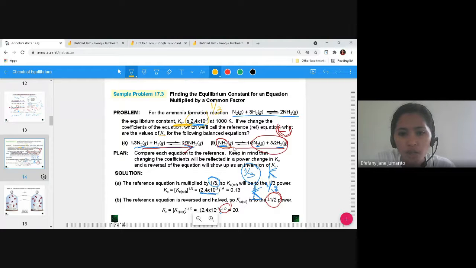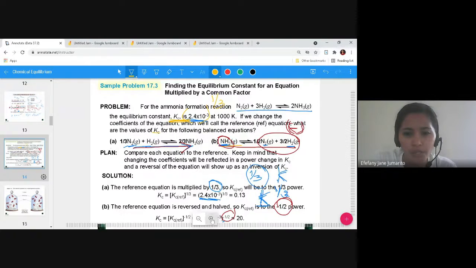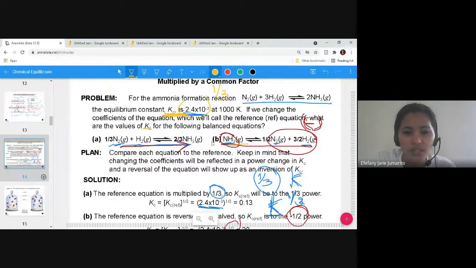Then we have here also this one with NH3, and we compare equation A and equation B. Equation B is just a reverse of equation A, with a factor of 1/2 here.